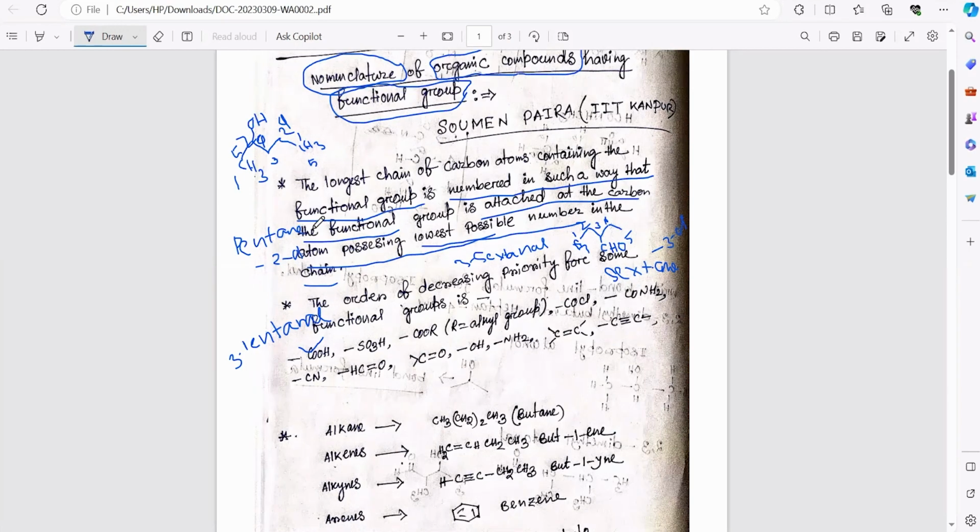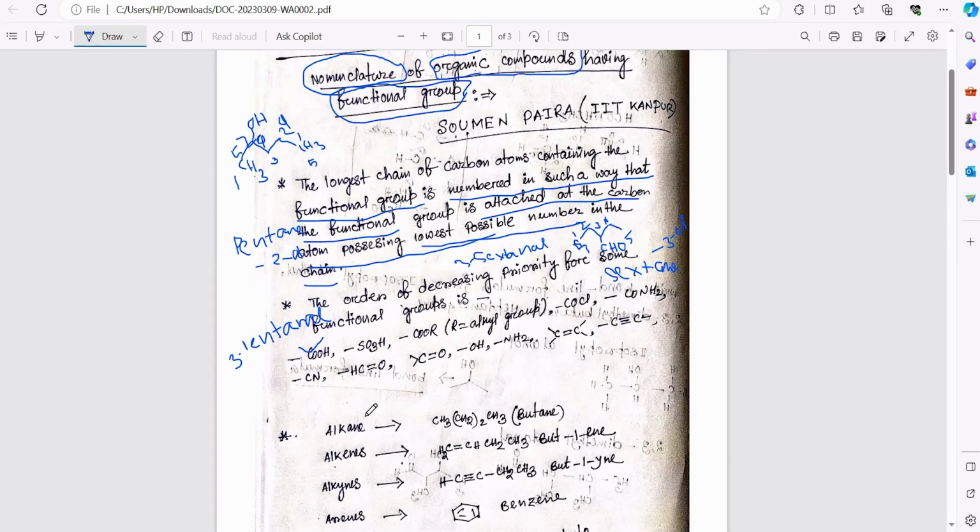If OH is present in the molecule, it is called alcohol. If a molecule contains CHO, it is known as an aldehyde. And if any molecule contains the SO3H group, then you can say sulfonic acid.